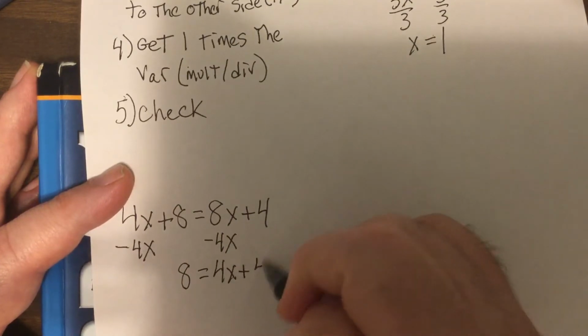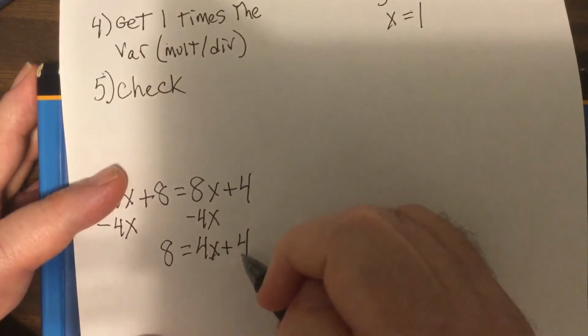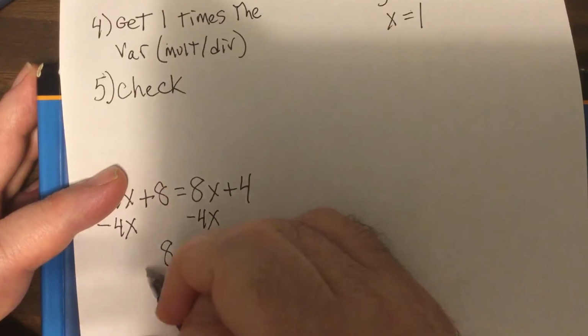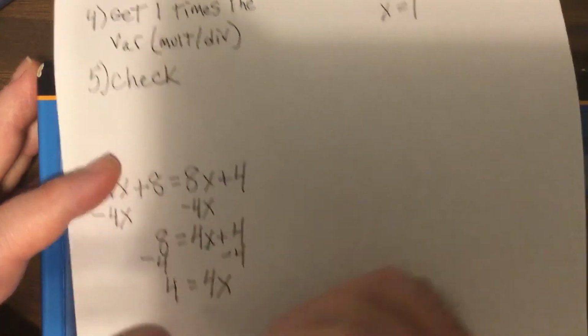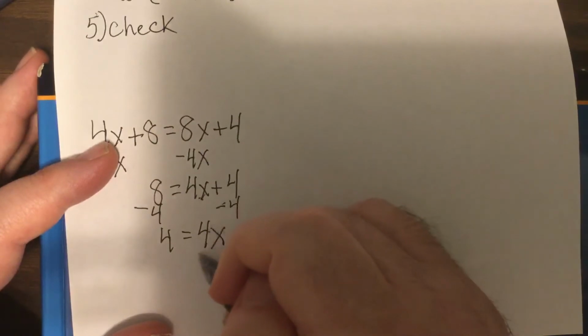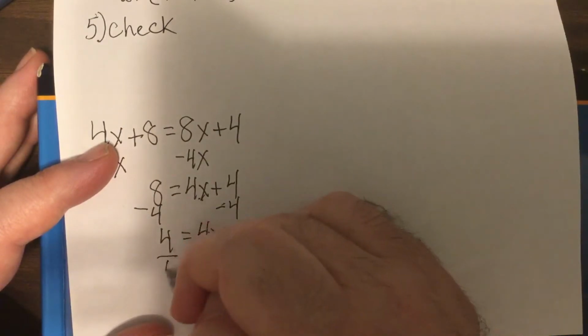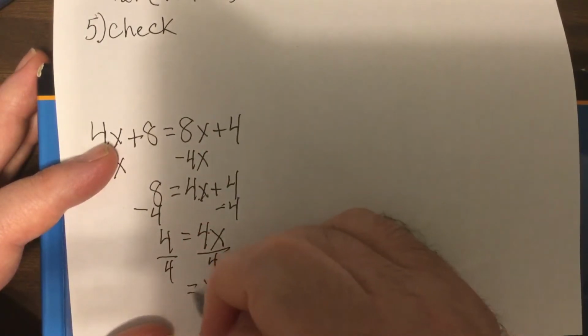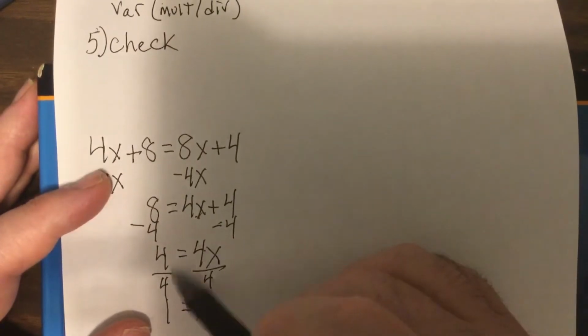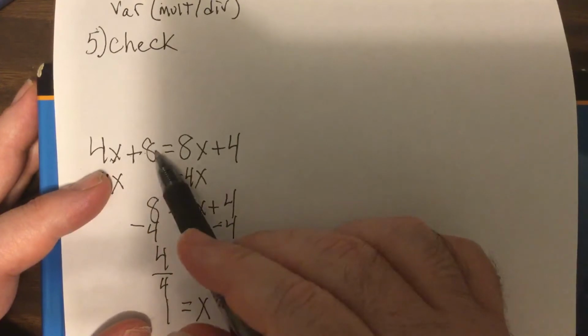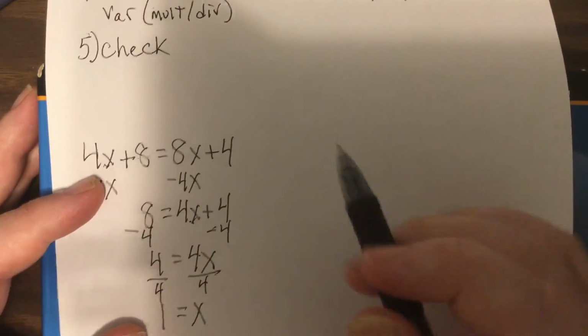Now I want to do an operation to get the 4x by itself, so I'm going to subtract 4. So 4 equals 4x. Next step, get a 1x, so I'm going to divide by 4, so x equals 1. Wow, 1 again. So 4 plus 8 is 12, 8 plus 4 is 12.